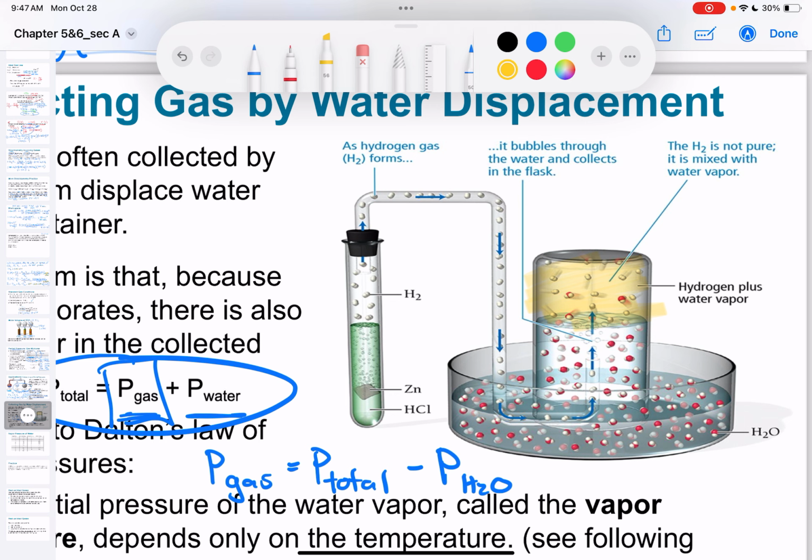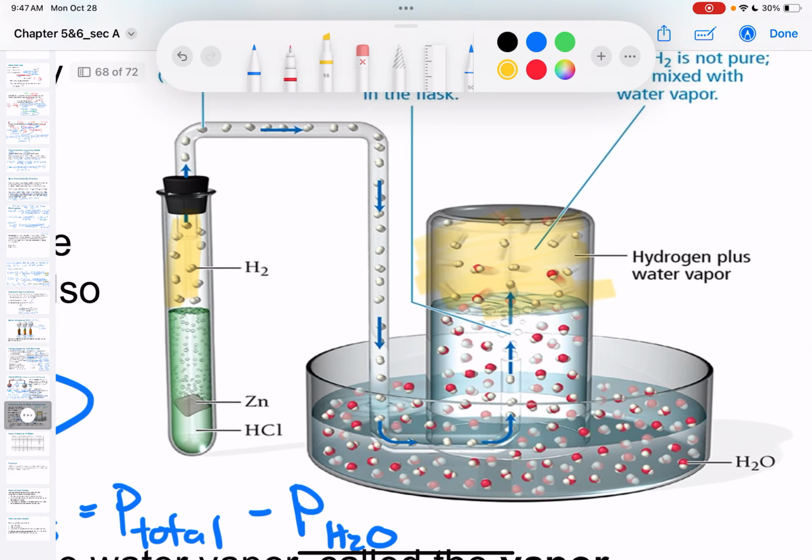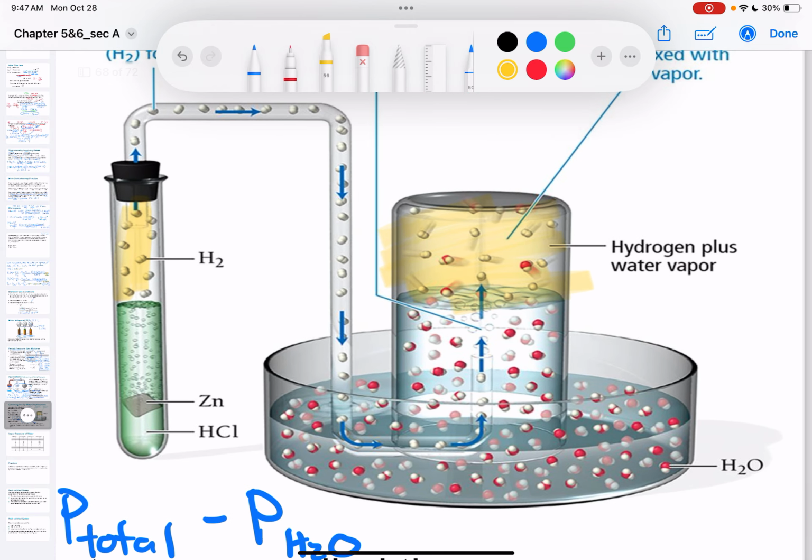The problem is some of that was the gas that we produced in the reaction, and some of it is just the fact that water molecules are going to evaporate anywhere where they are in a closed system. So if you have a container and you put a lid on it, there will always be a small amount of water particles in what we call the head space, the spot above the liquid up to the cap. There's always going to be a little bit of water molecules in there.